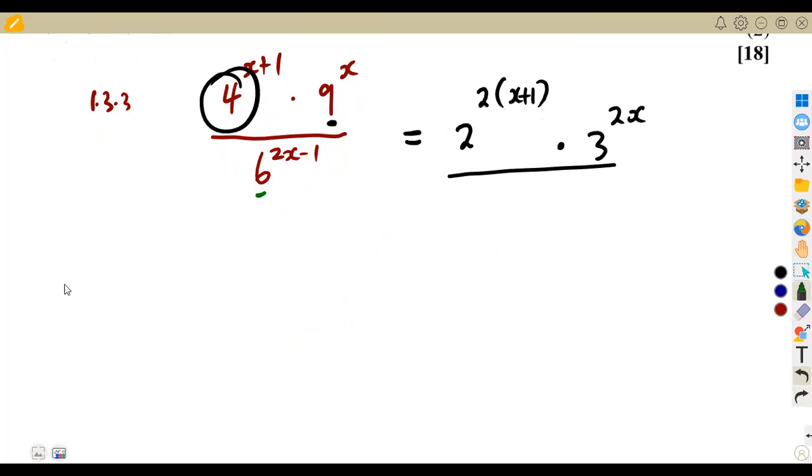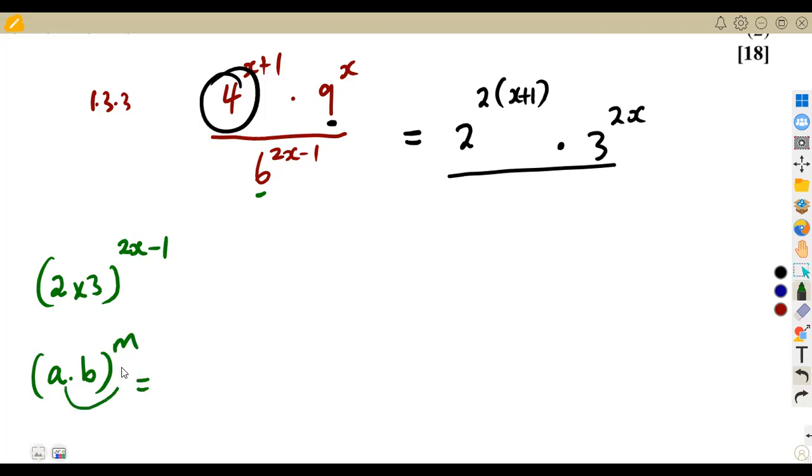Remember, 6 is the same as 2 times 3. So 2 times 3 gives us 6. But it is being raised to the exponent of what? To the exponent of 2x minus 1. And remember from our laws that if you have a times b being raised to the exponent of m, every term is going to be raised to the exponent of m. That is, we are going to have a to the exponent of m times b to the exponent of m.